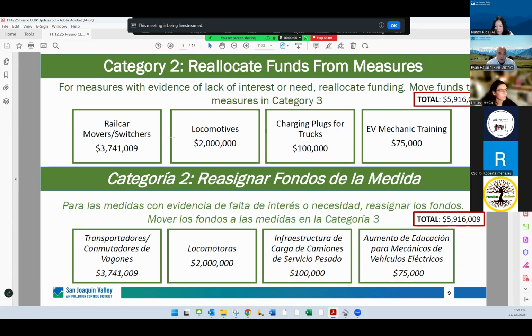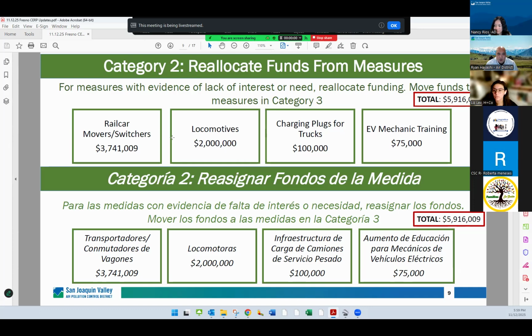Due to a host of factors, I think there's been challenges with things like rail car movers and switchers. And kind of taking an inventory, we're not seeing as much as we initially thought there was. We were able to get a few transition, but not the level and interest that we need in order to expend those funds right now.